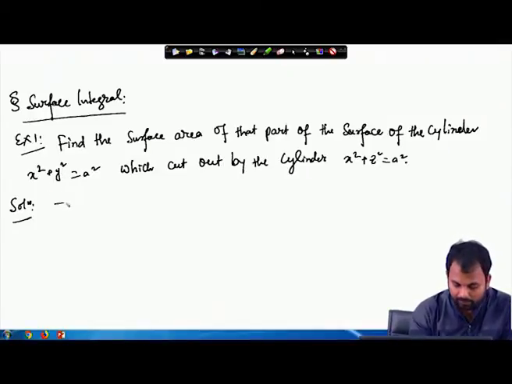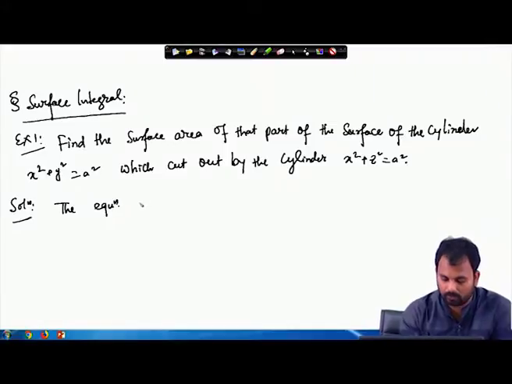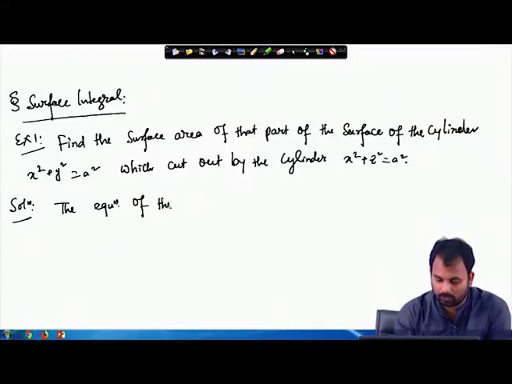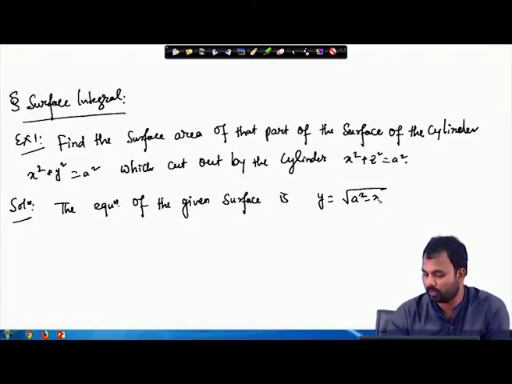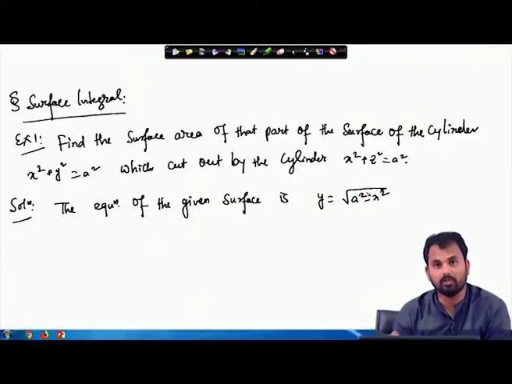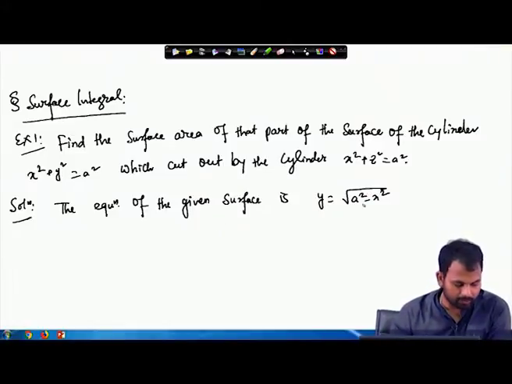So let us write the equation of the given surface: y equals square root of a square minus x square, taking x square to the other side.